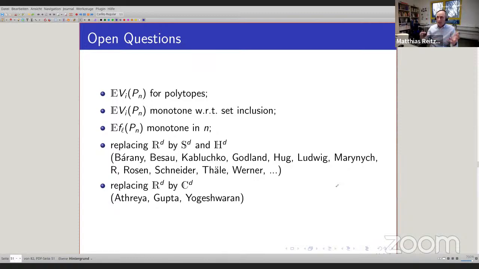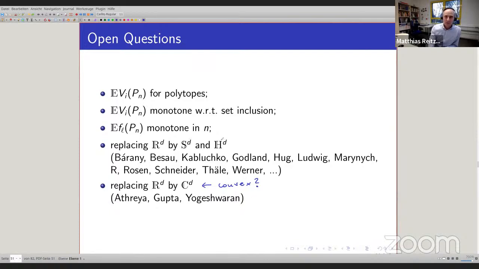And then clearly the next step would be to replace R^d by the complex case. And there has been a very recent first step by Atreya, Gupta, and Yogeshwaran. But I think the most difficult thing in this case is that we do not really understand well what convex means or what the convex hull is.